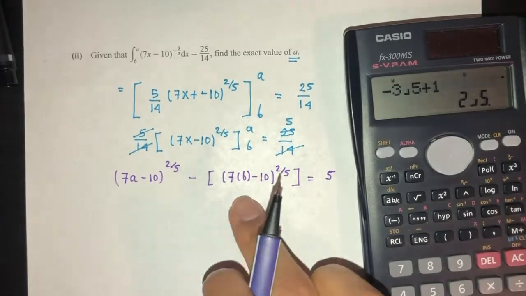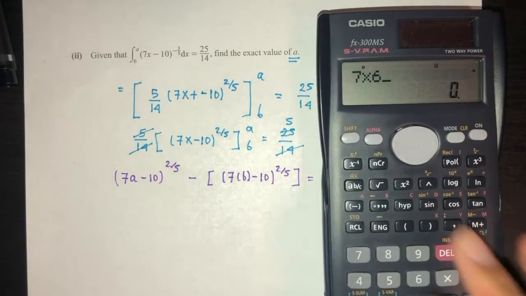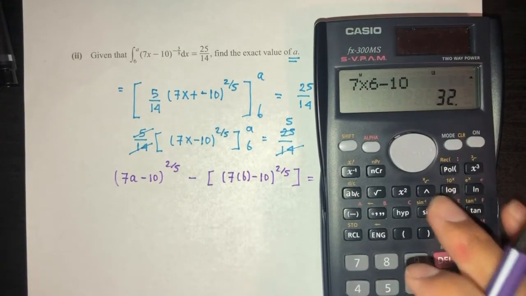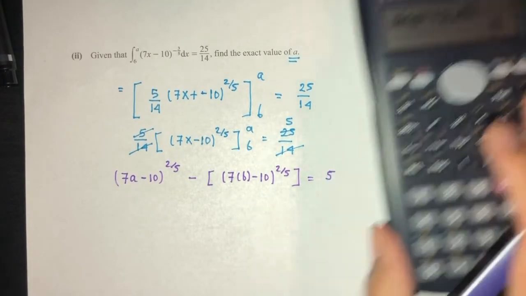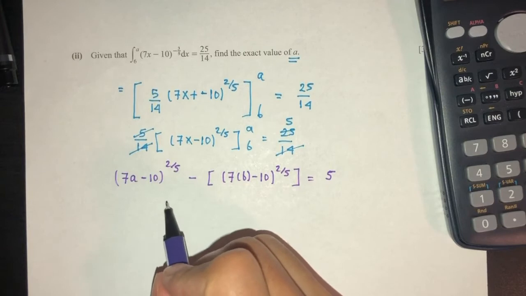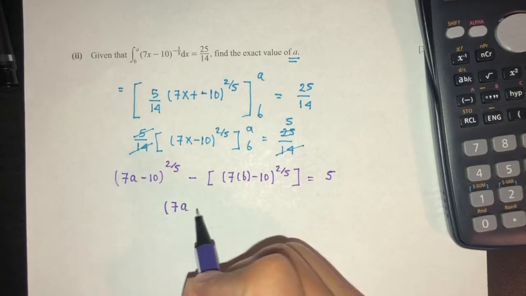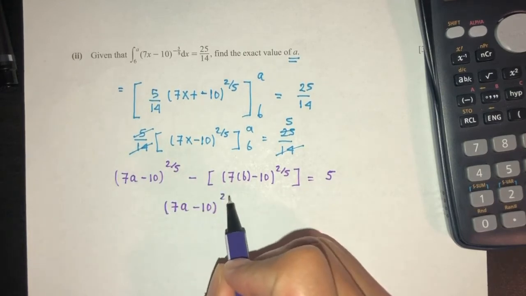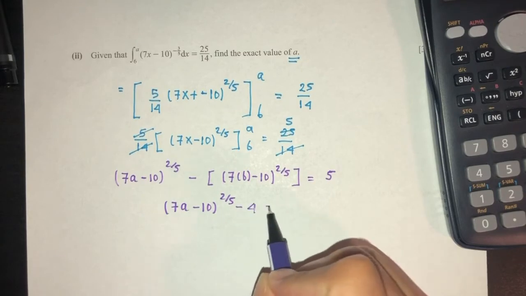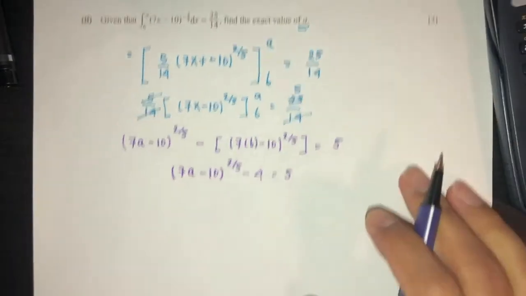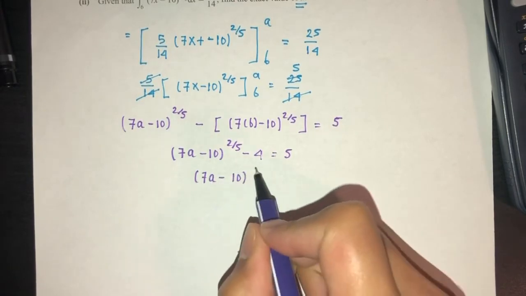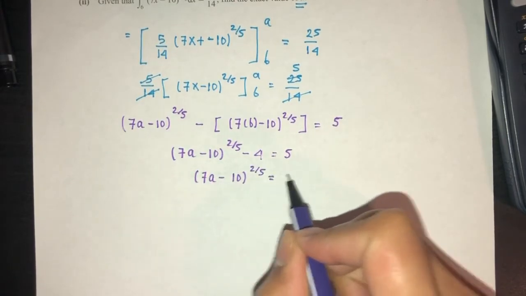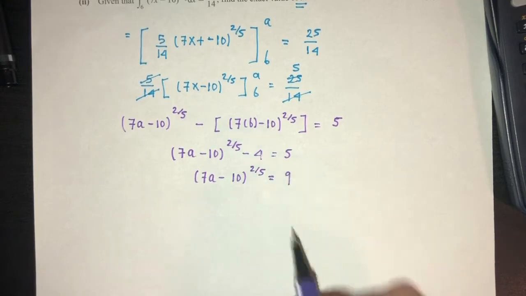Now let's solve this. 7 times (6 minus 10) power 2 over 5 should give you 4. So now we have 7(a minus 10) power 2 over 5 minus 4 is equal to 5, which means 7(a minus 10) power 2 over 5 equals 5 plus 4, which is 9.